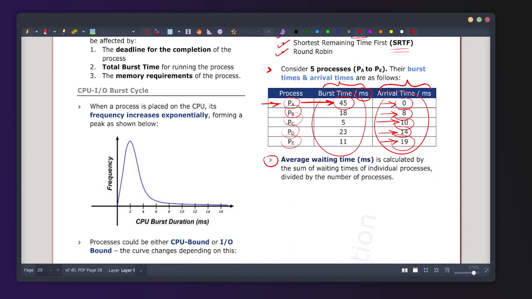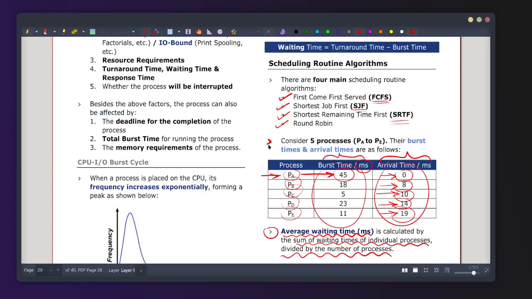Before that, there's just one additional thing I want to teach you. Average waiting time is something that we calculate for every single scheduling algorithm. It is the sum of waiting times of individual processes divided by the number of processes. And the idea is we are trying to find an algorithm that has the least waiting time out of everything.